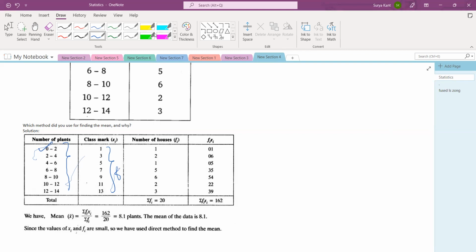So you have to find xi. The formula is summation fi xi divided by summation fi. So first we have to find xi here.